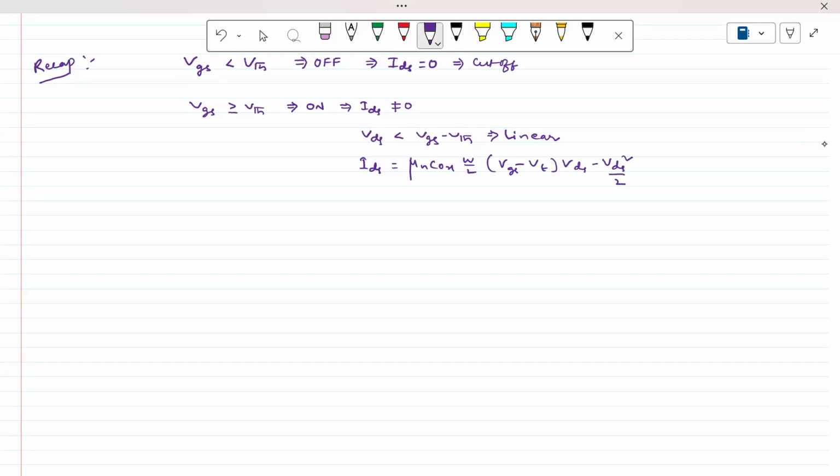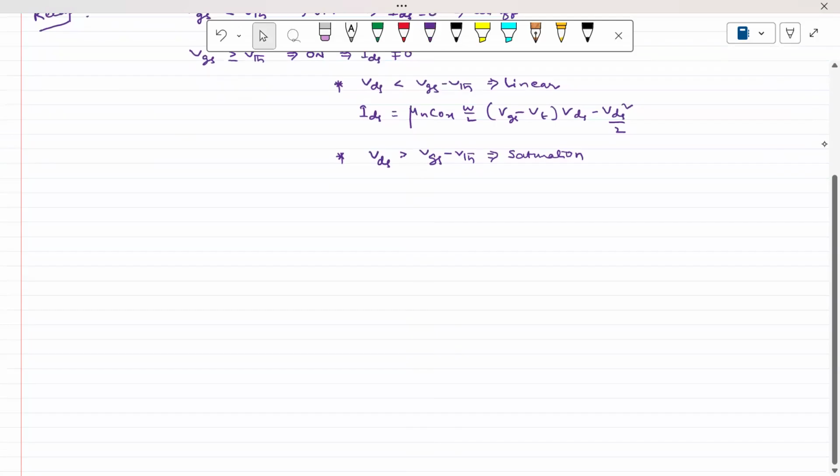Right, this is one condition that we have seen, but there is another possibility: VDS is greater than VGS minus VTH. Then the MOSFET is said to be in saturation. Under this condition, what is the current value?